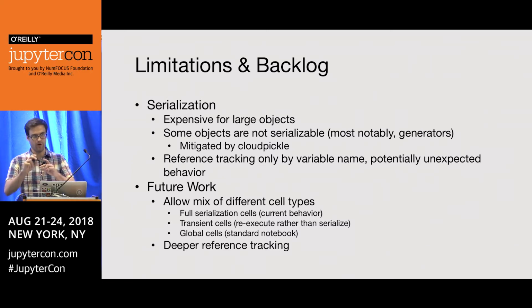Anytime you run one of those transient cells, or something that depends on one of them, we can re-execute all of them, going back up to that serialized cell. That would let you play with the trade-off between serialization versus compute. If you're doing a memory-heavy operation that is computationally cheap, you can imagine that being useful.